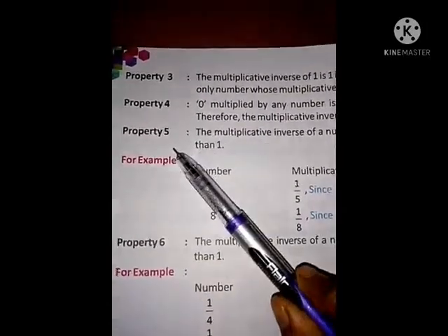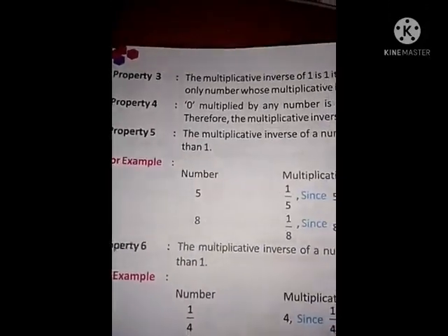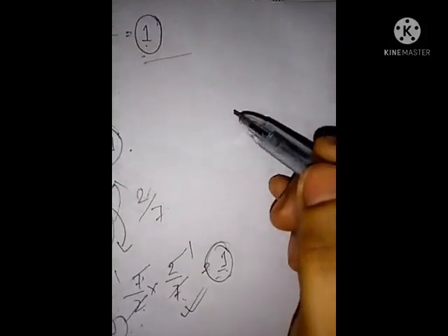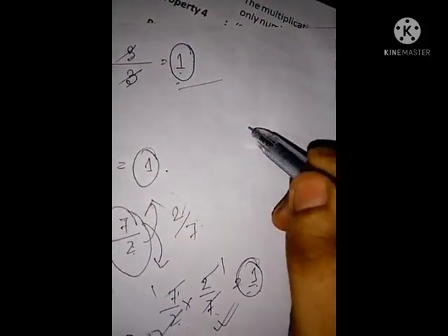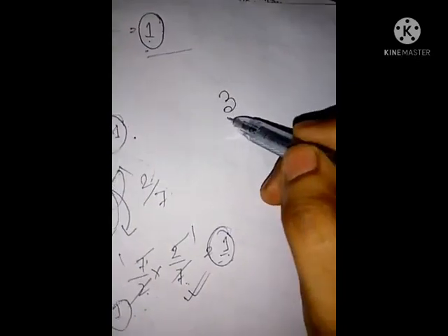Okay. Property 5. The multiplicative inverse of a number greater than 1 is always less than 1. Let us take a number greater than 1, that is 3. What is the multiplicative inverse of 3? We know that below a whole number, 1 is always present as the denominator.